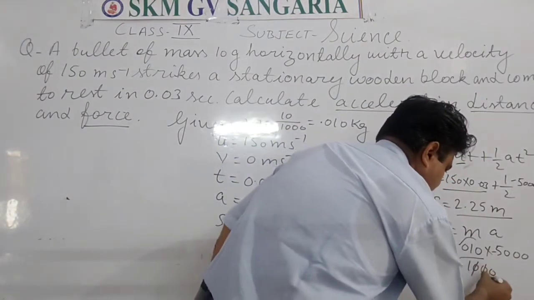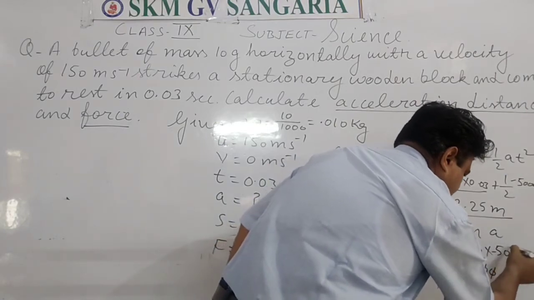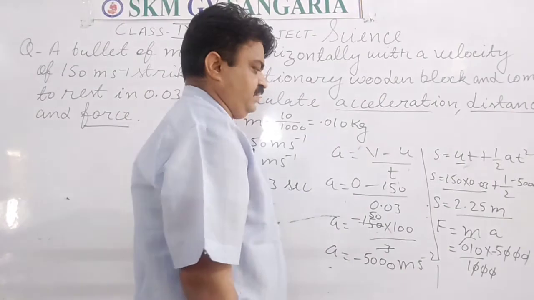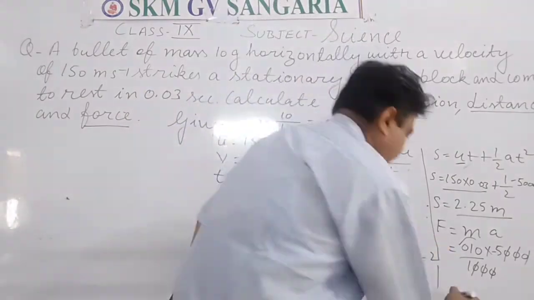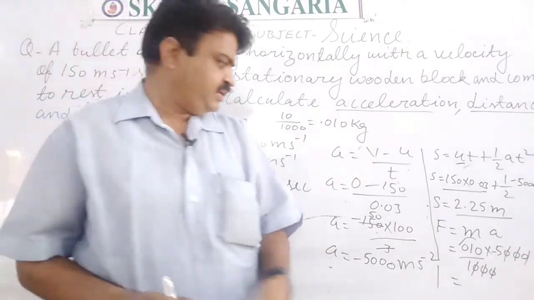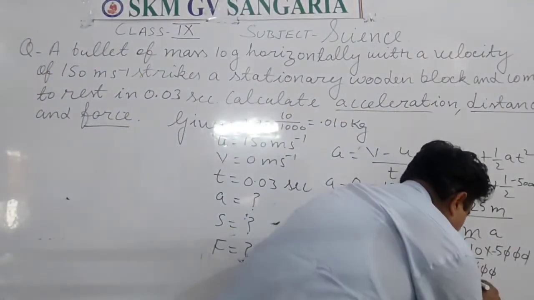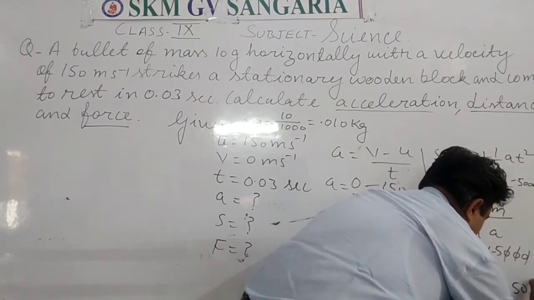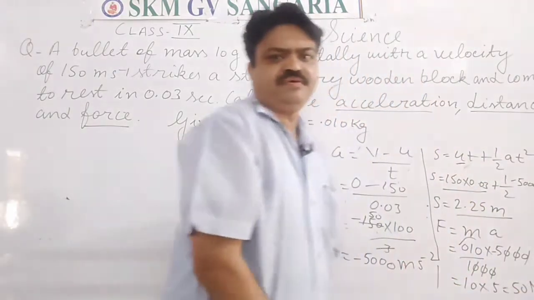From this 1000, this will be cut, and the answer that you will get here, force will be 10 multiplied by 5, it is 50 Newton. 50 Newton, student.